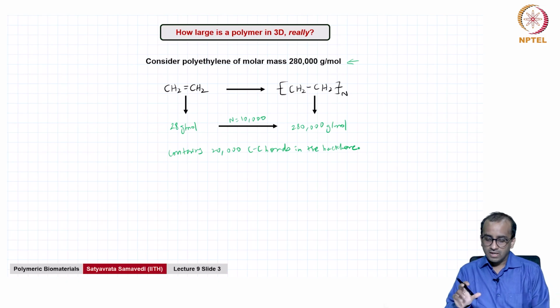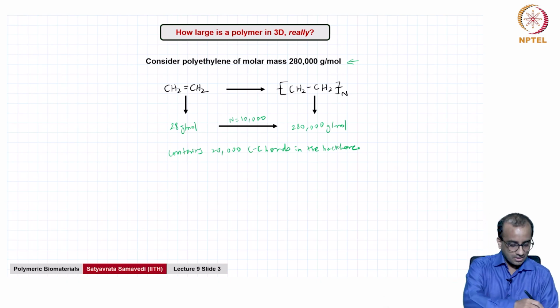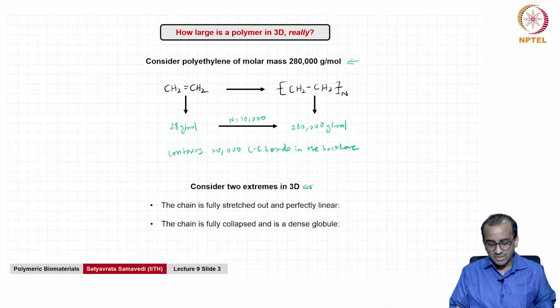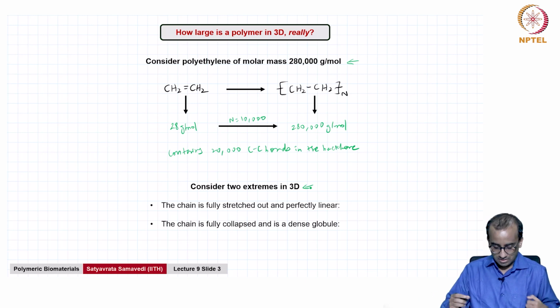Now, if you start with this as an example, we will now consider two extreme length scales here in 3D. One is, this chain can be thought of in one extreme as fully stretched out and perfectly linear from end to end.